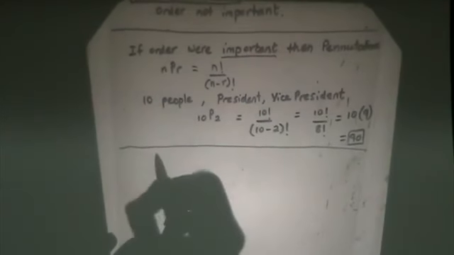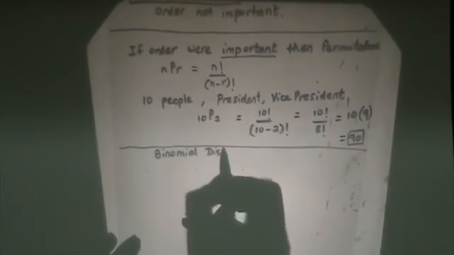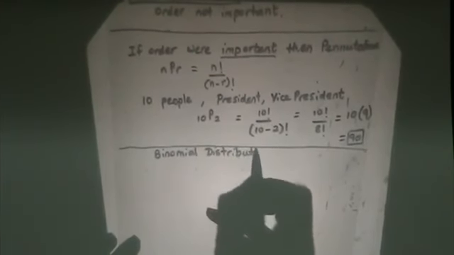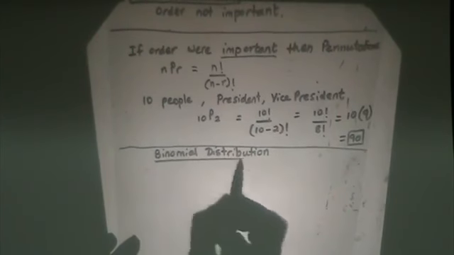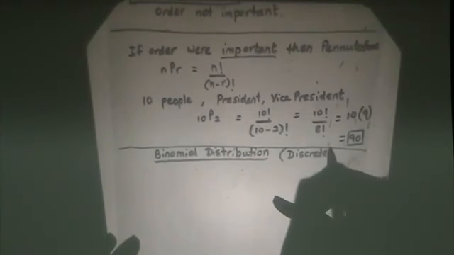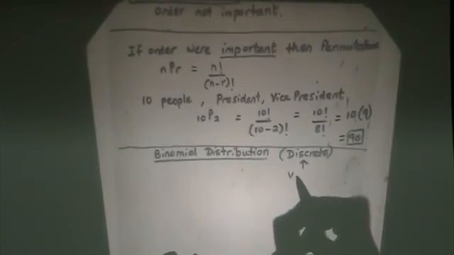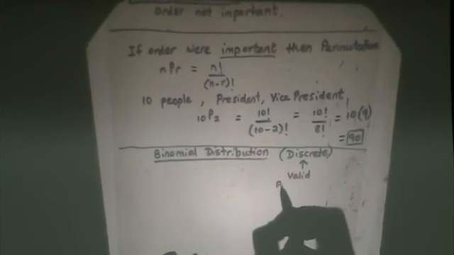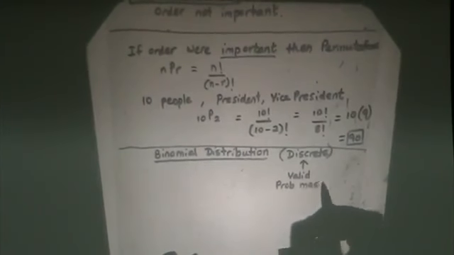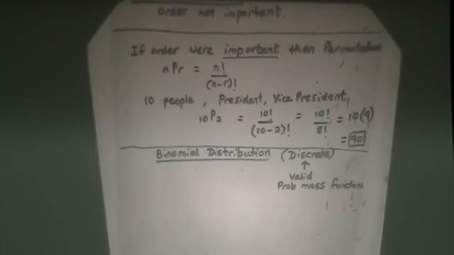Binomial distribution. It's an example of a discrete distribution. We talked about discrete distributions last time. Discrete distributions have valid probability mass functions, PMFs.